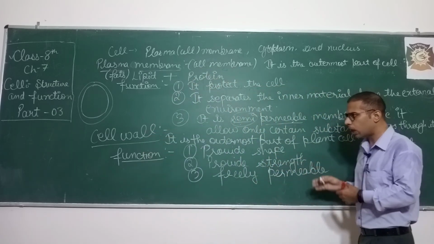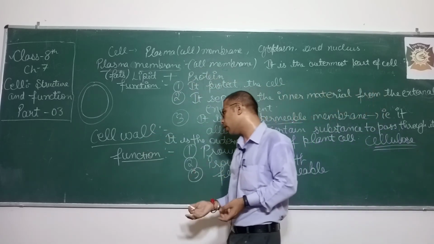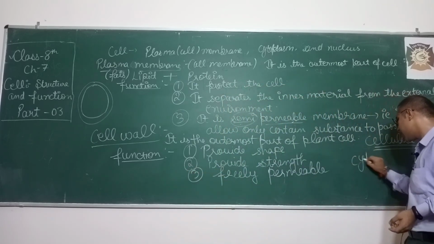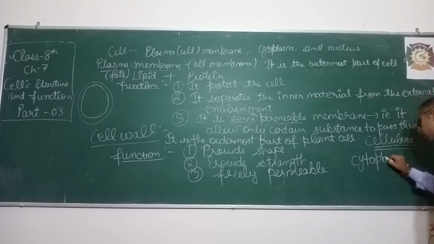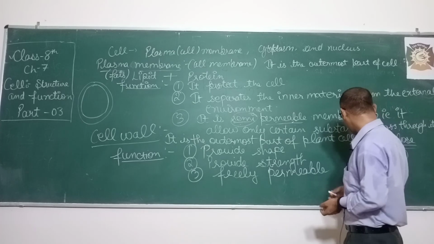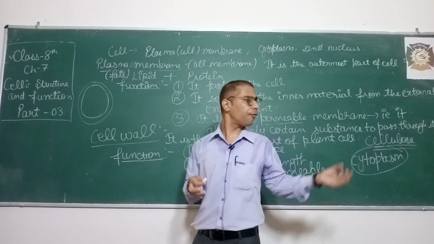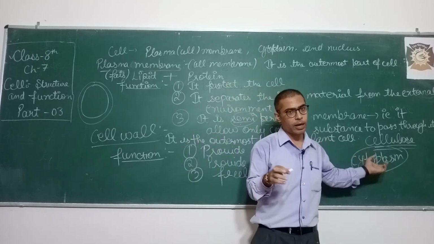After that we are going to study the cytoplasm. I think this much of the topic will be sufficient for you. We will have plenty of time and we will study slowly. Let me give you a brief introduction of cytoplasm.